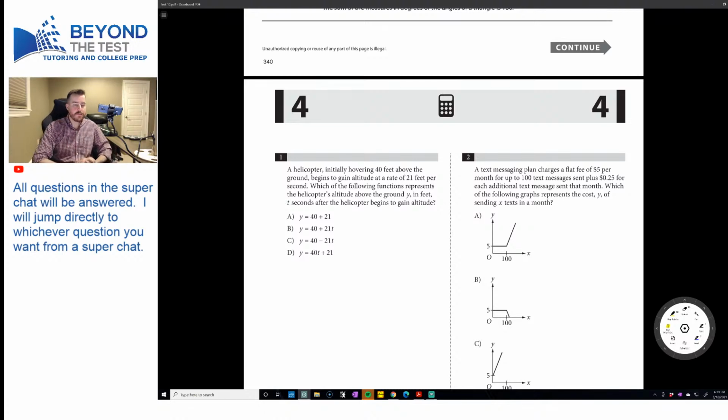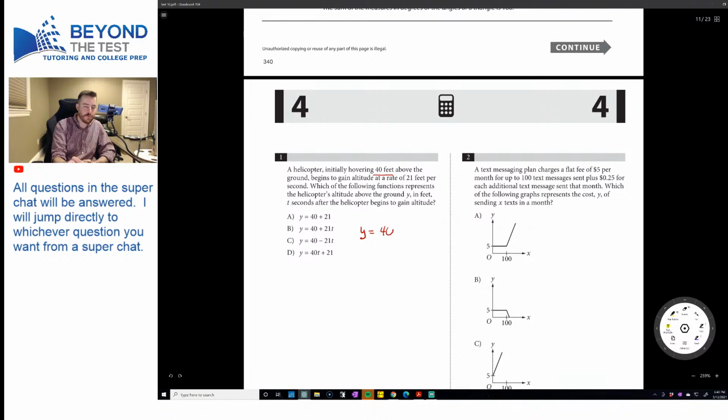It says a helicopter initially hovering 40 feet above the ground begins to gain altitude at a rate of 21 feet per second. Which of the following functions represents the helicopter's altitude above the ground, y, in feet, t seconds after the helicopter begins to gain altitude? Okay, so let's think about this. We know right off the bat here, it's starting at 40 feet above the ground.